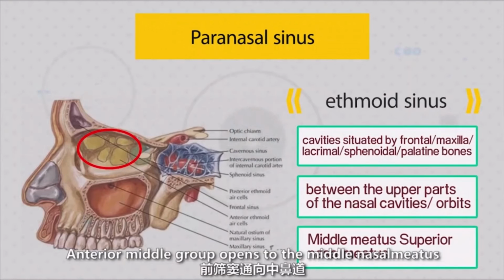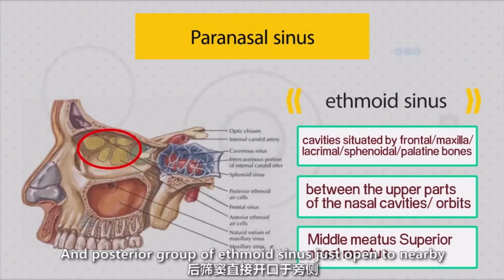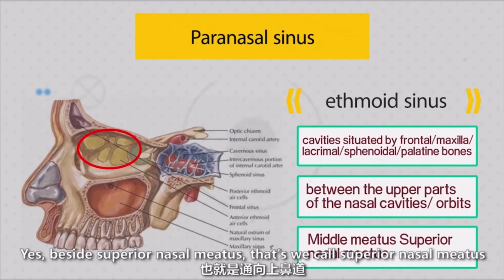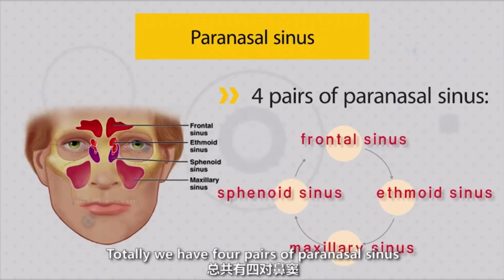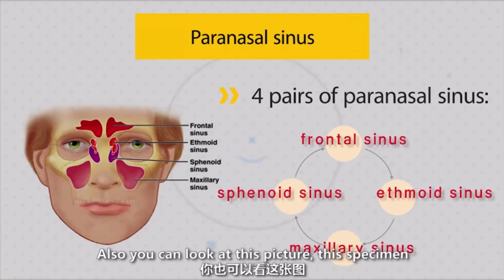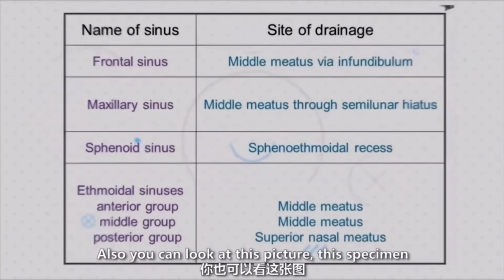The anterior and middle groups open to the middle nasal meatus, and the posterior ethmoid sinus opens nearby, by the side of the superior nasal meatus. So in total we have 4 pairs of paranasal sinuses. You can also look at this specimen.